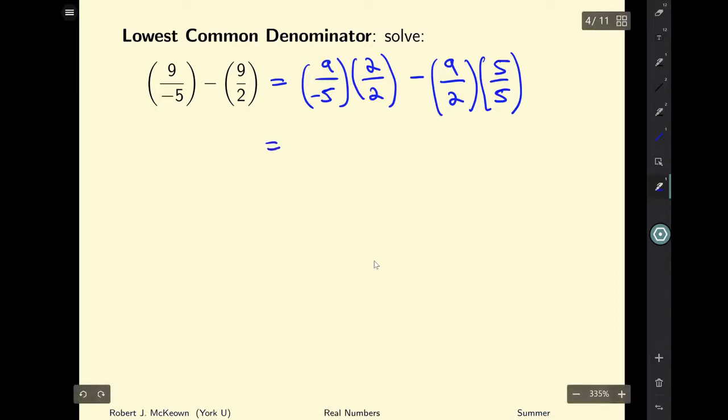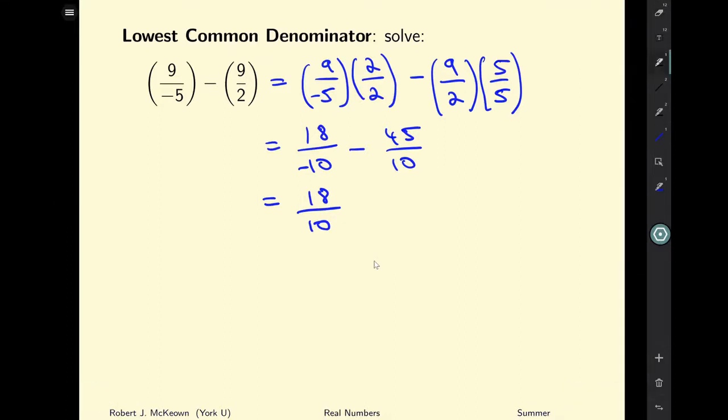Now if I do a little bit of work, I'm going to get 18 over negative 10 minus 45 over 10. Now there's nothing wrong with me rewriting this as negative 18 over 10. Or if you prefer, I could factor out, which we'll learn about in a later topic.